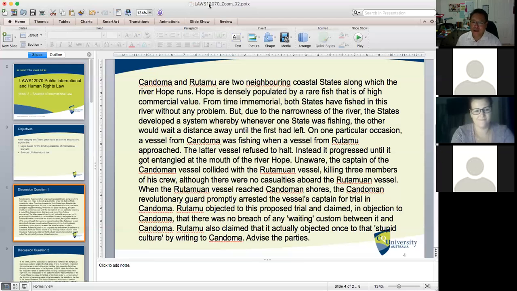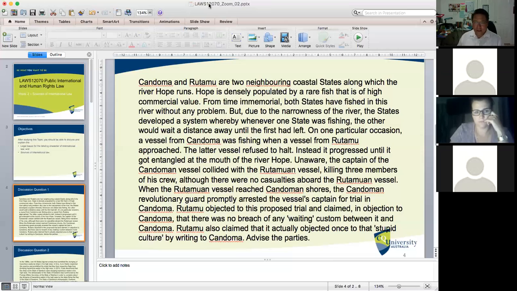So there we go. So the question is whether or not there is an international custom that obliges states, in particular Kadoma and Rutamu, to ensure that one fishing vessel from one state should wait a distance away until the first had left before that vessel enters the mouth of the river.